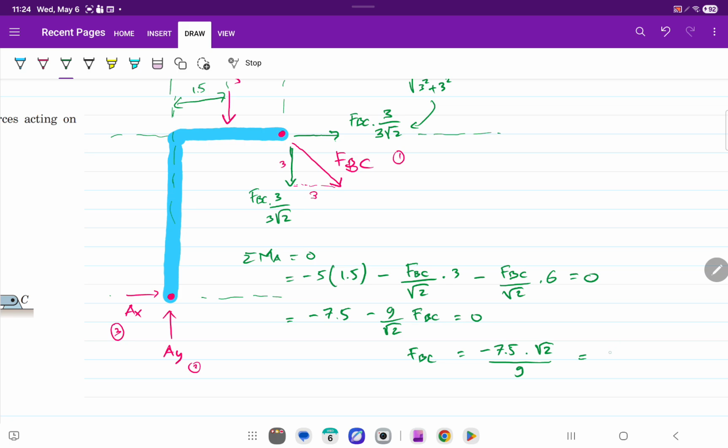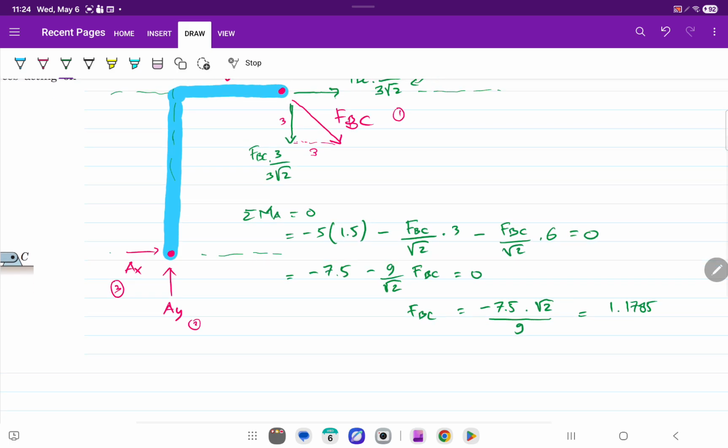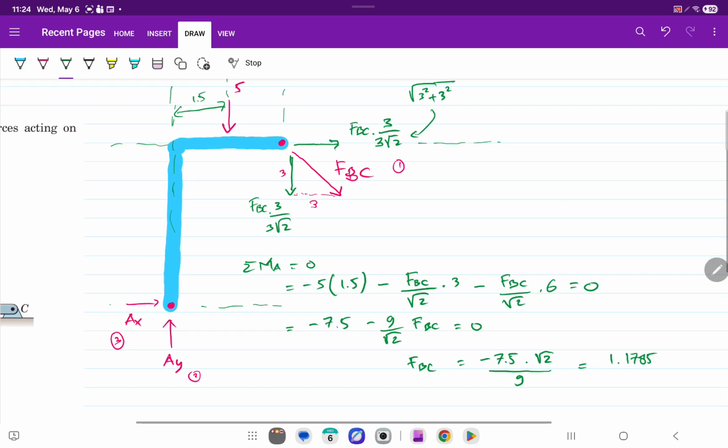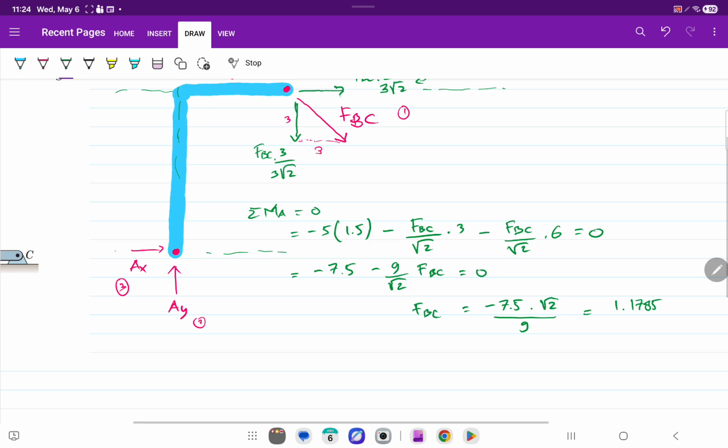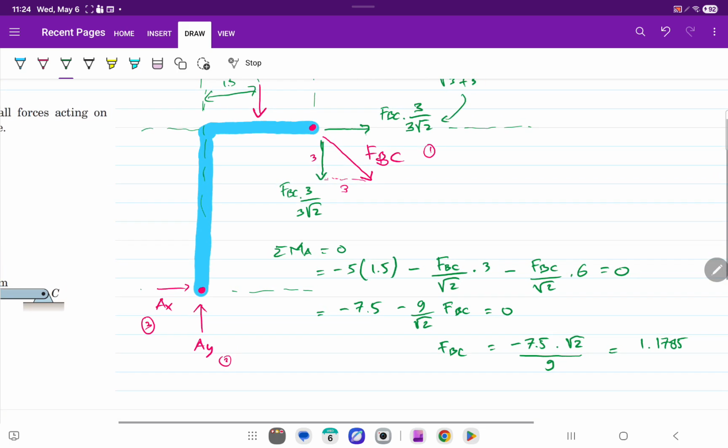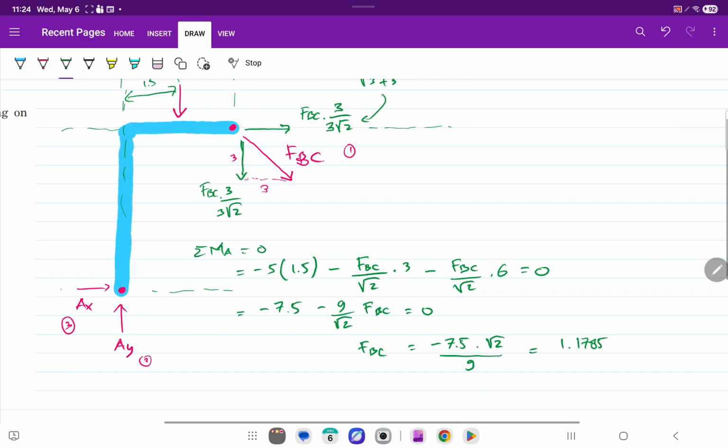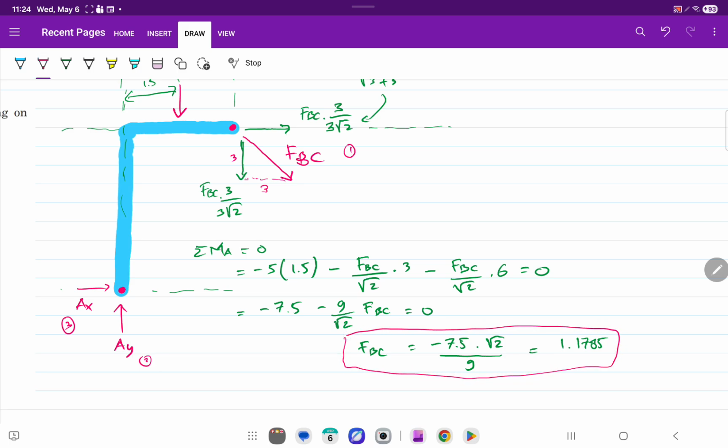So it's 1.1785. That's FBC. Straightforward, easy, right? And then how about AX and AY? Then you can calculate that easily after you find this. What's next?